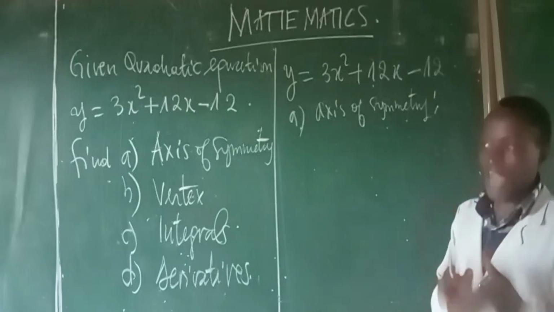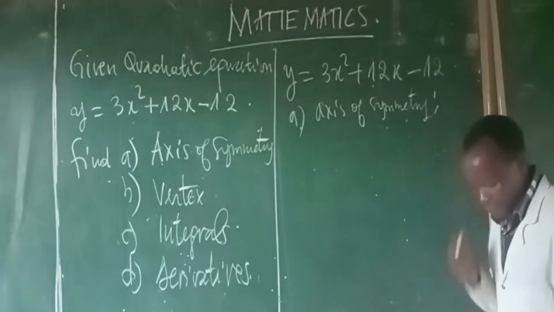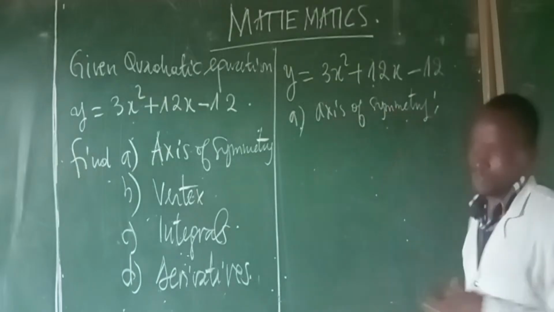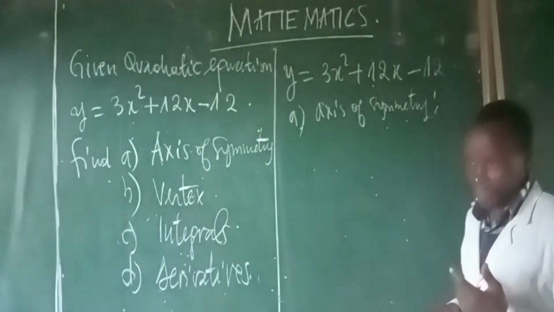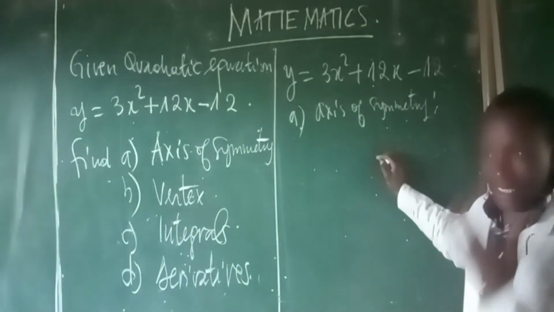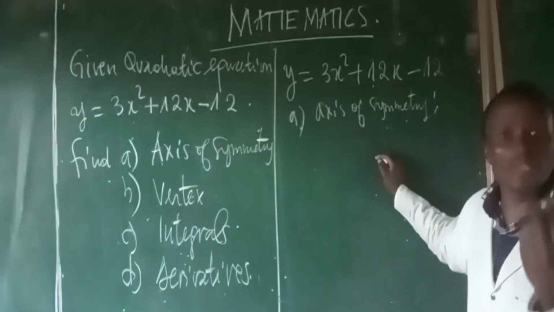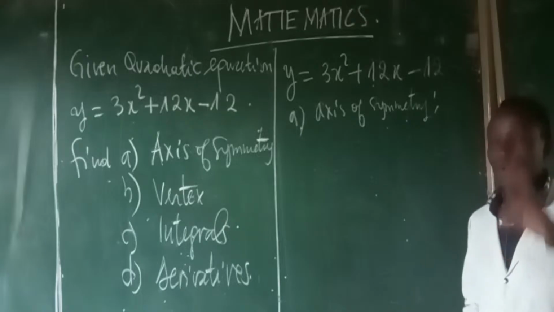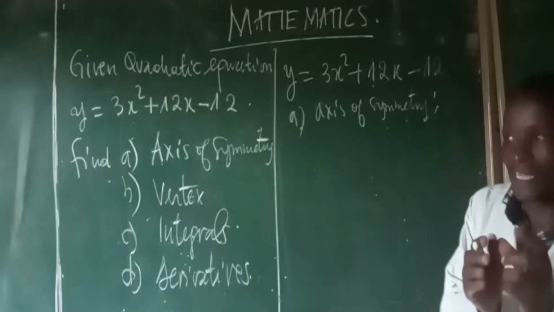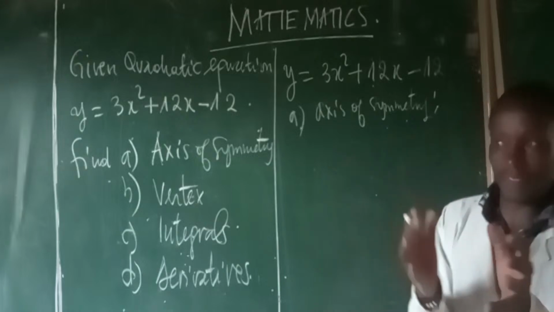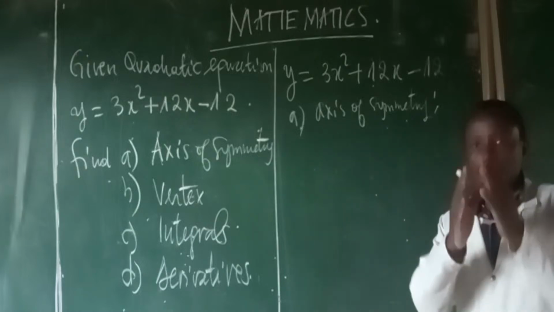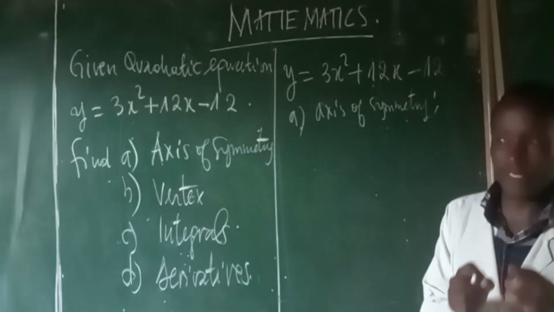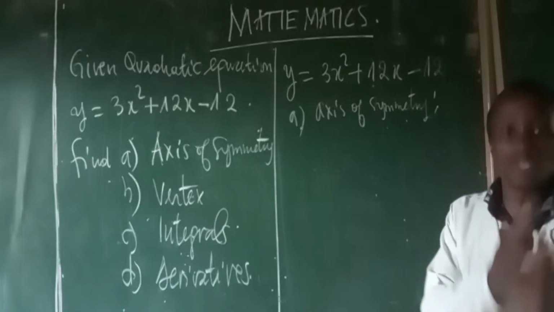About the axis of symmetry, we have a general formula that we should apply. Are we together? The axis of symmetry is composed of coordinates or points, yes? In mathematics, when we say coordinates, it means a point which is composed of two numbers, like x and y.